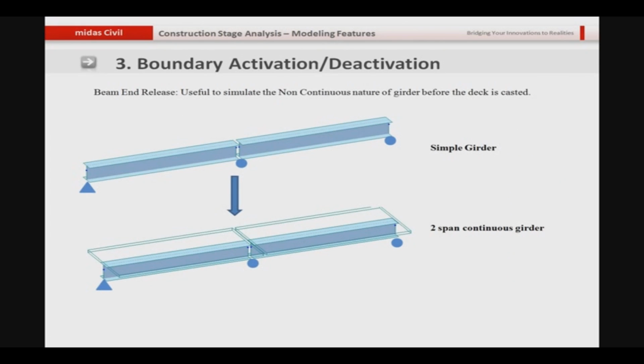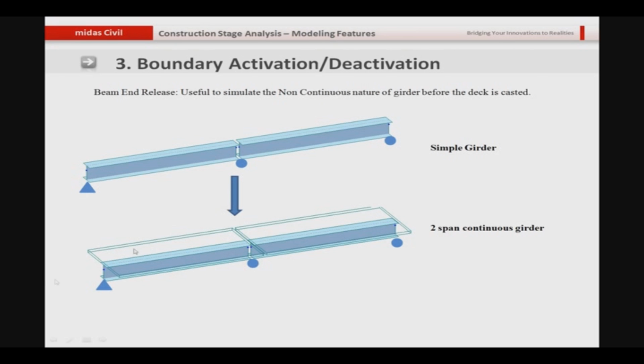Now in certain cases you might need some other type of boundaries, such that as you can see here, in this stage this girder is simply supported at both ends, but when you cast the concrete on the top of it, the girder will become continuous. So for simulating this kind of behavior, we have an option known as beam end release.